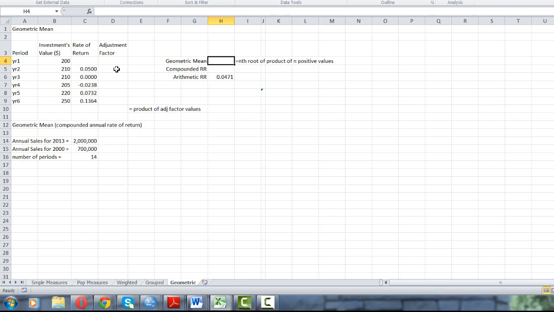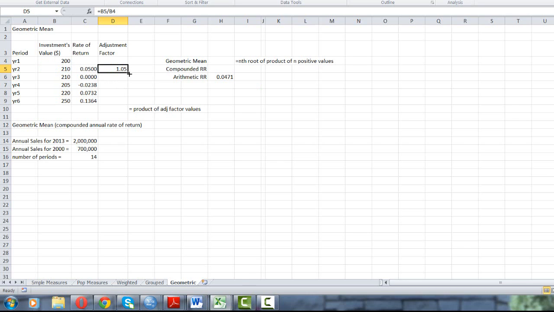The way to get the adjustment factor is either add 1 to these rates of return, if they're not in percent, so 1.05, 1, 1 minus 0.0238, so 0.9762, or another trick is to just take this number divided by this number.